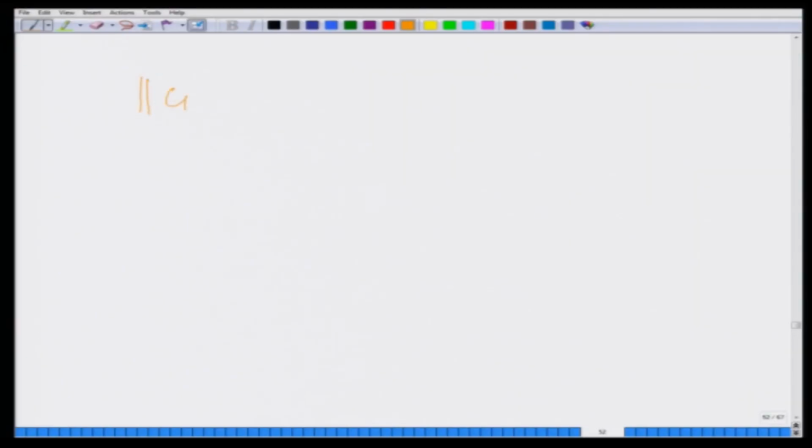Now let us look at this quantity, norm C1 bar square. First, let us see what C1 bar is. Recall C1 bar is simply equal to H1, H2 conjugate.